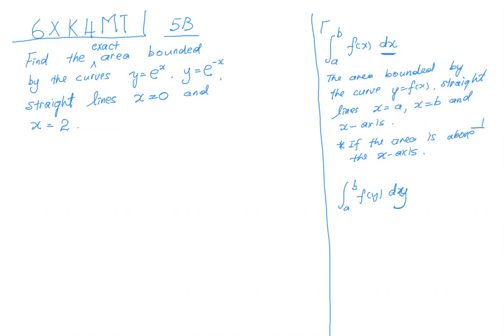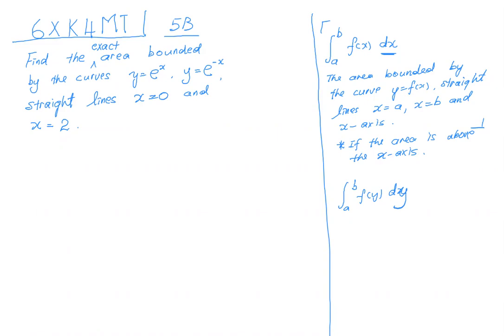Because by looking at the word here, you don't know where exactly the area is, am I right? So what should we do? Use GC. Use GC to do what? Sketch the graph. Okay, good, wonderful. Use GC to sketch the graph now.